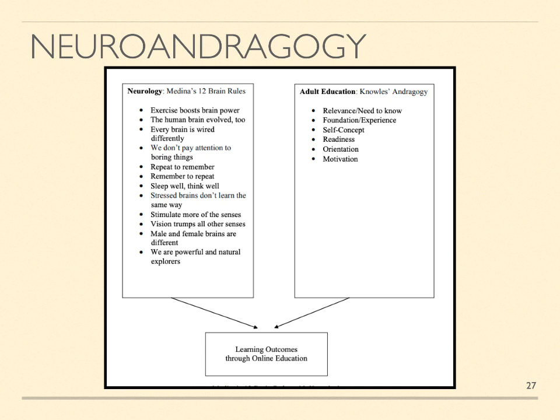So when you look at Medina's points on the left, which blend in with a lot of the other theories out there, it really sounds like you're describing adult learning, and it's very similar to what we need to do as adults with our aging brains.